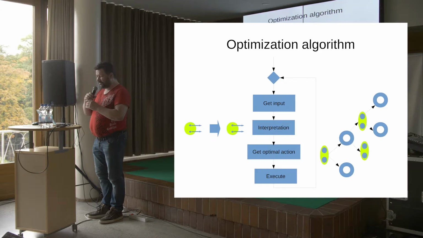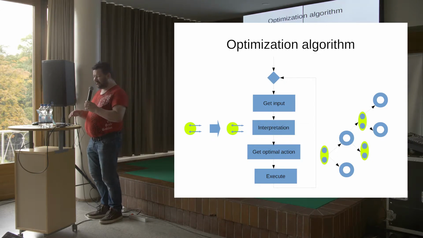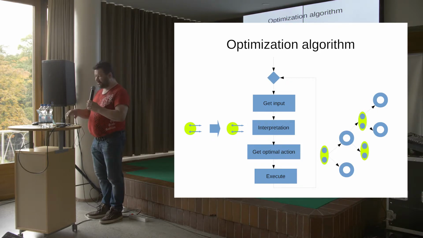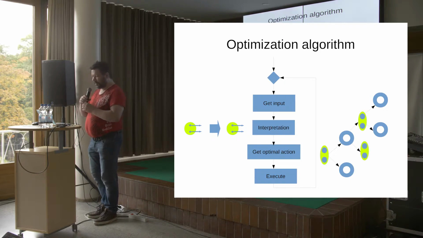Then we have interpretation. It is something given the former belief and former action and current input. We are predicting how we will interpret this input. So what we are going to believe now. It is this probability distribution over a collection of states.